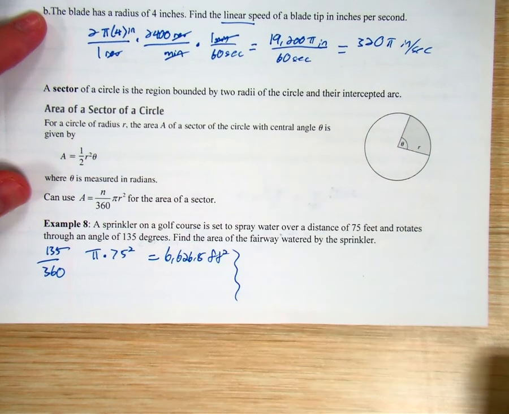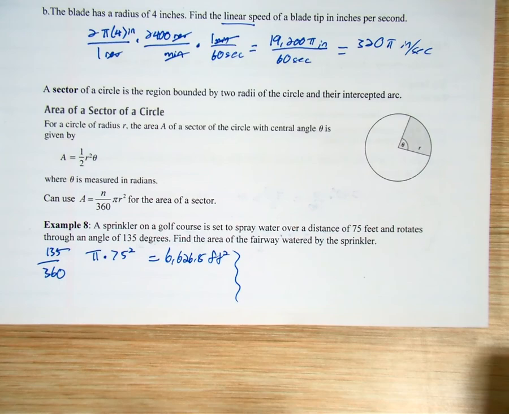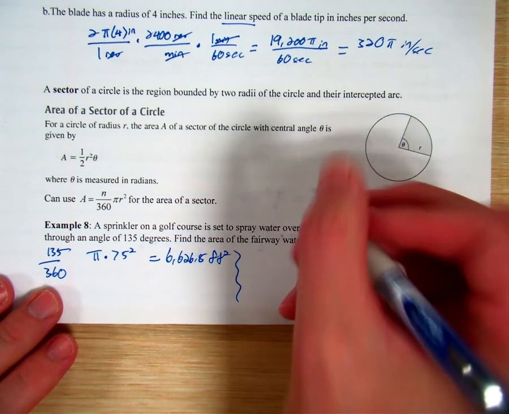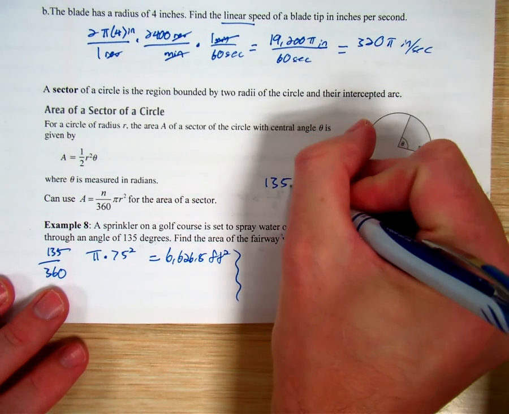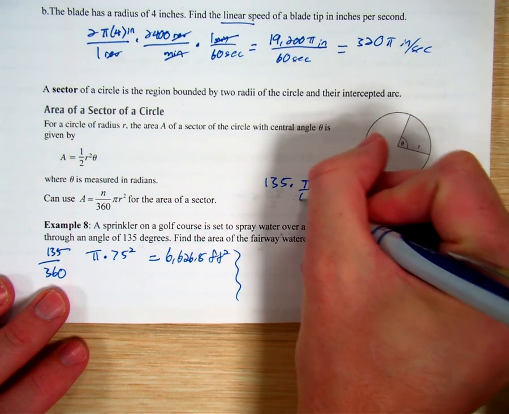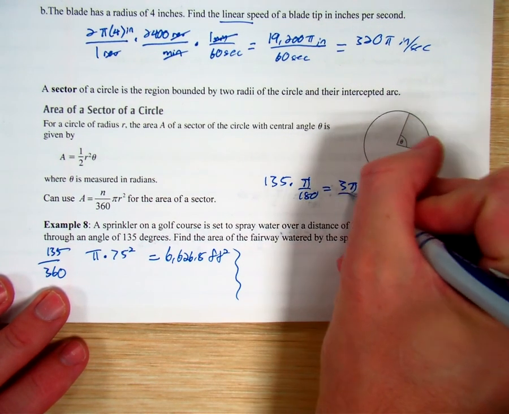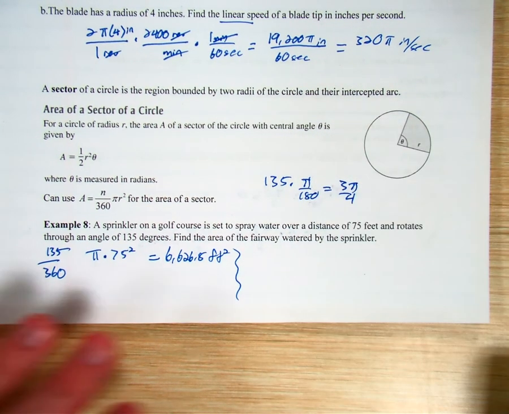All right, what if we changed it to radians? So 135 times pi over 180, that would reduce to 3 pi over 4. And now we can use the other one.